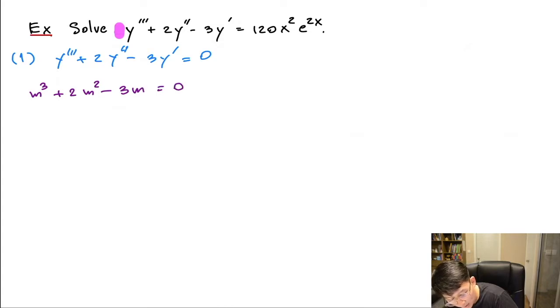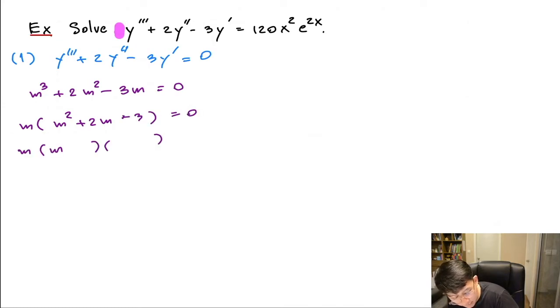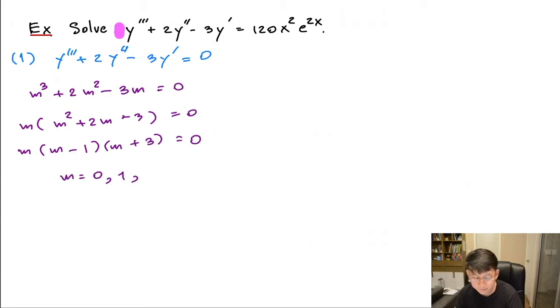We pull 1m out, we have m squared plus 2m minus 3 equals 0. We have m plus 3, m minus 1, which gives m equals 0, 1 and minus 3. Okay, 0, 1 and minus 3.